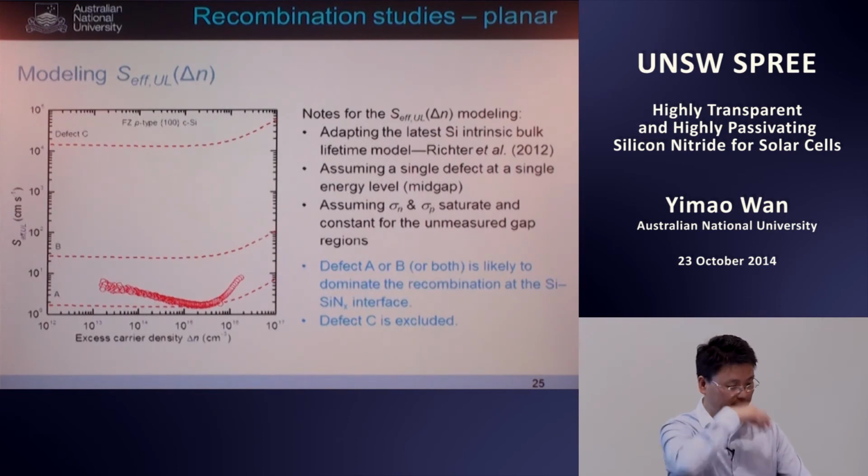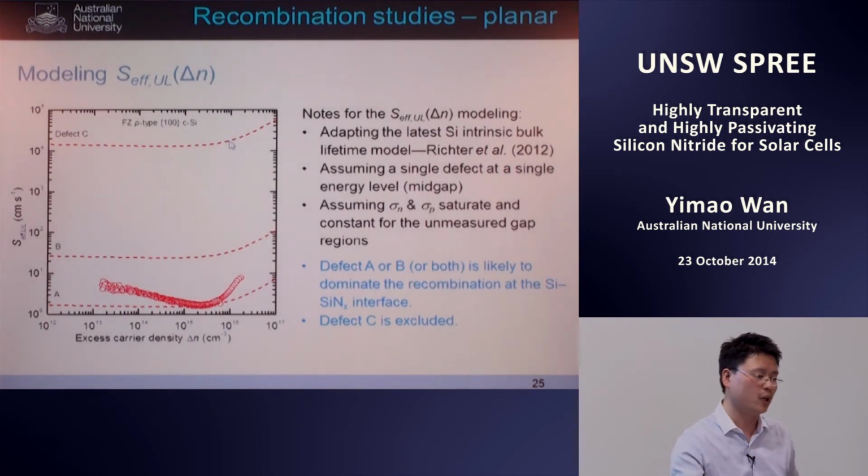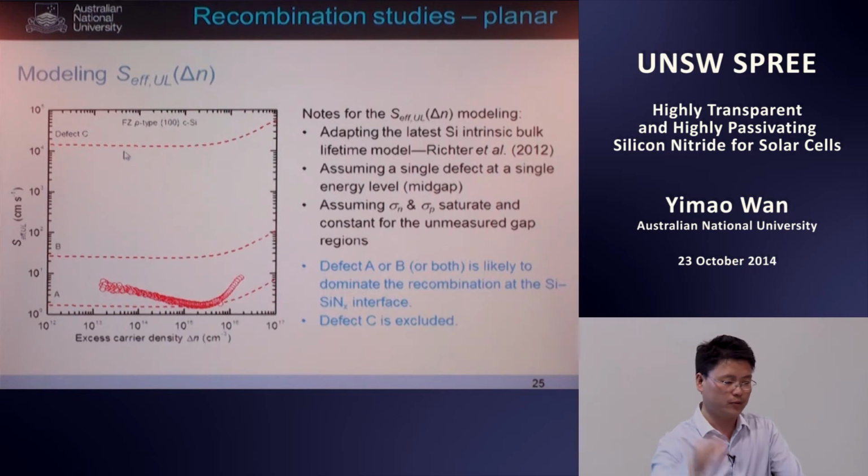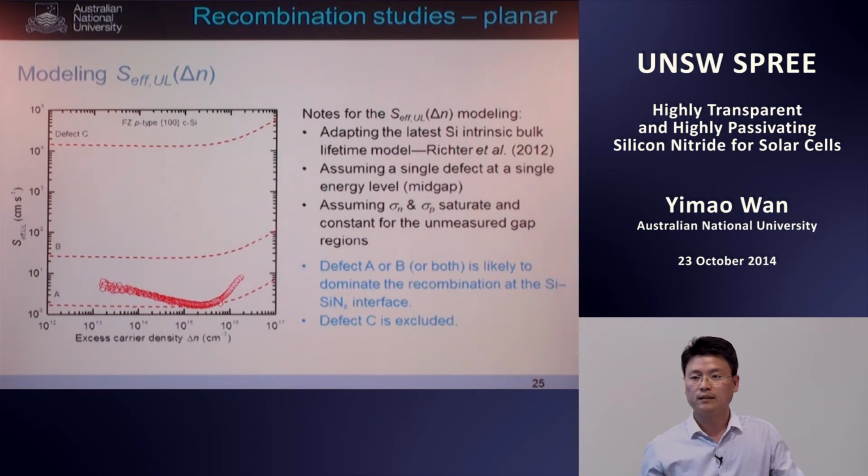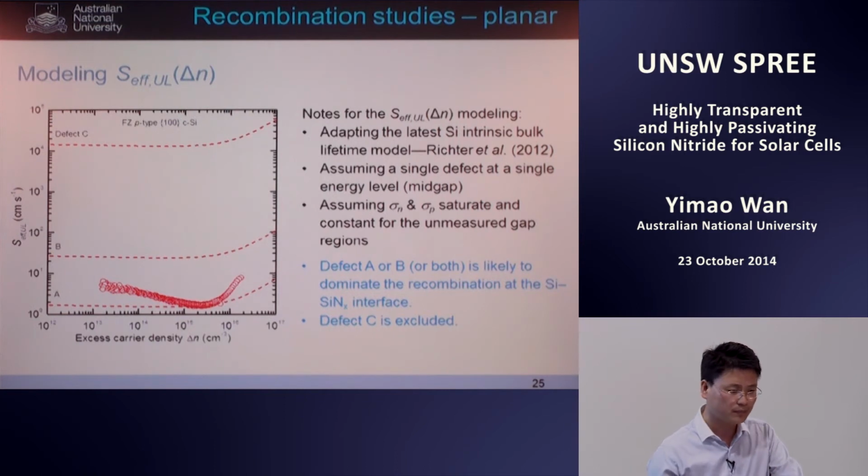And here are the results. The dashed lines are the modeled, or calculated, recombination based on the 3 different defects we just presented. And we compare to our extracted recombination. Then we can investigate which defect is the dominating recombination-active center at our silicon nitride and silicon interface.